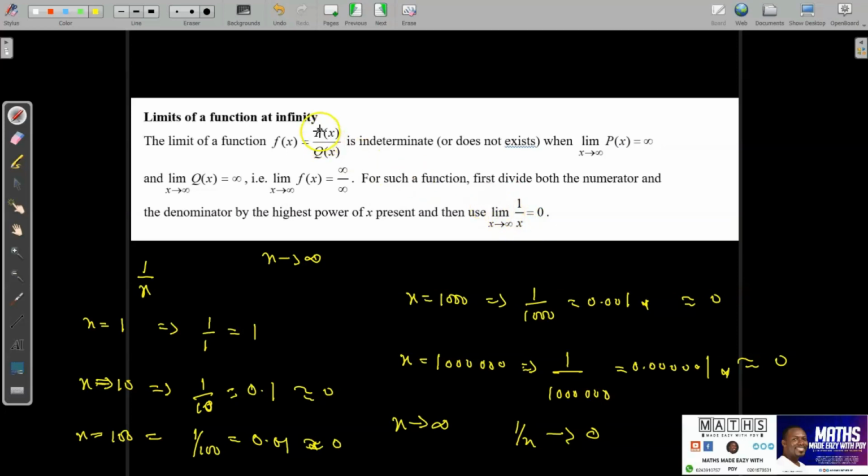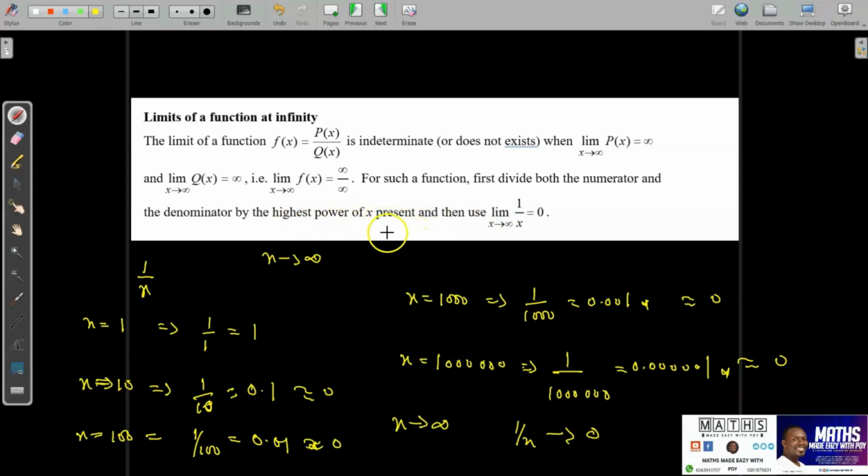Anytime you have a rational function of this type as x approaches infinity, you should have in mind writing that function into the form 1 over x. You do so by dividing through the function by the highest power of x present.